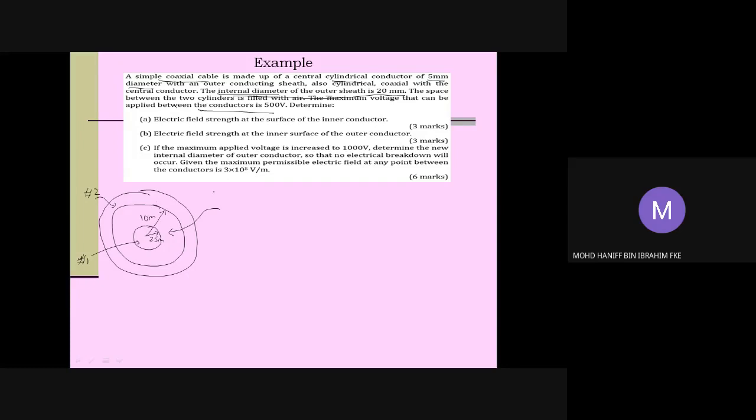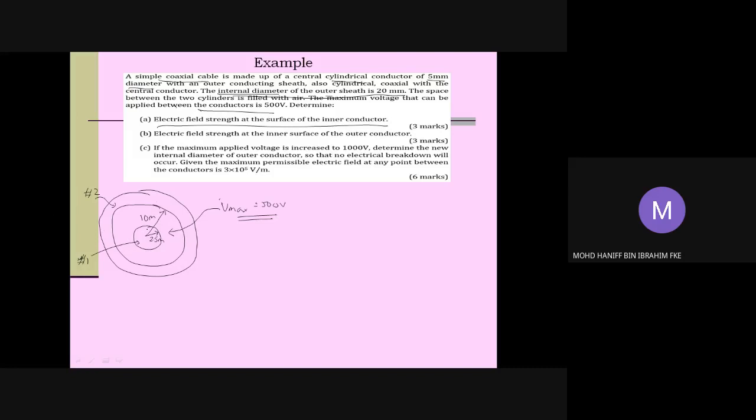The maximum voltage, Vmax, that can be applied equals 500 volts. That should be the information given in this question. Based on this, part A is to find the electric field strength at the surface of the inner conductor.